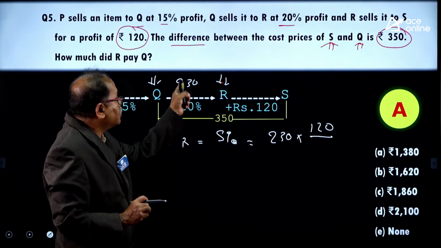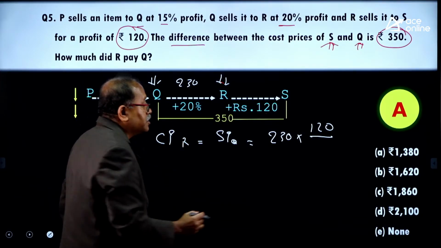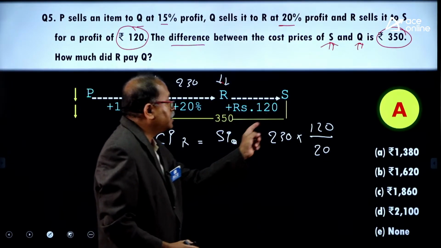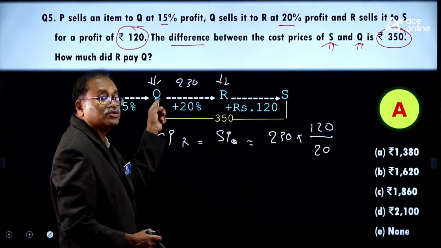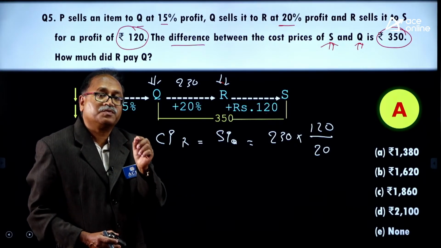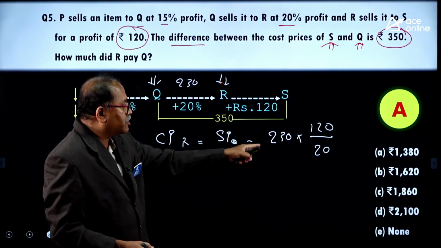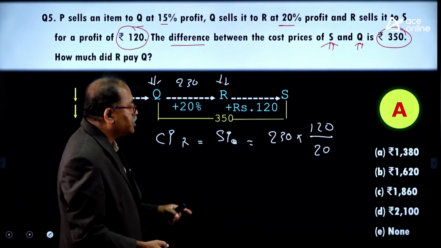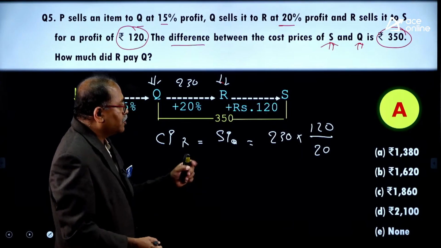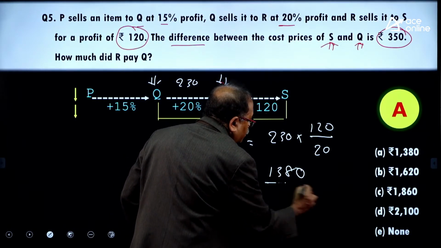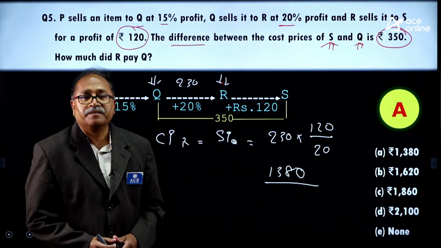It is 20% of the cost price. So, divided by 20%, you are getting 120%, which is the selling price of Q, which is also the cost price of R. So, here it is done 6 times, and when you multiply 23 into 6, it is 138 followed by 0. So, that is 1380. Rightly answered, my dear friend.